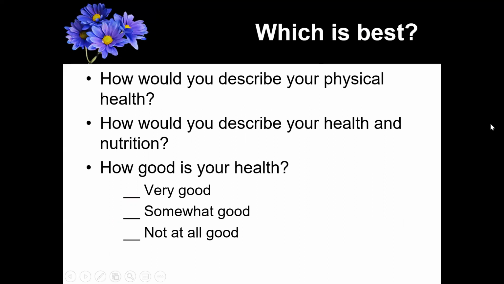So you could ask, well, this one's bad because this is again double-barreled. How would you describe your health and nutrition? Well, health and nutrition are not, I mean, they're related, I'm sure, but not identical, so that's pretty unclear. But the other thing to consider here is how we're going to actually quantify this.